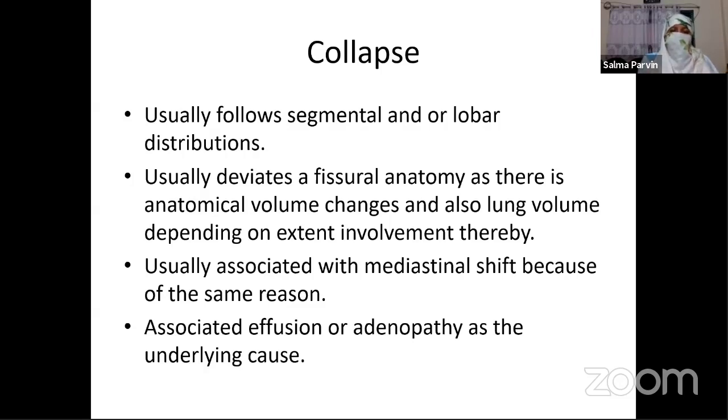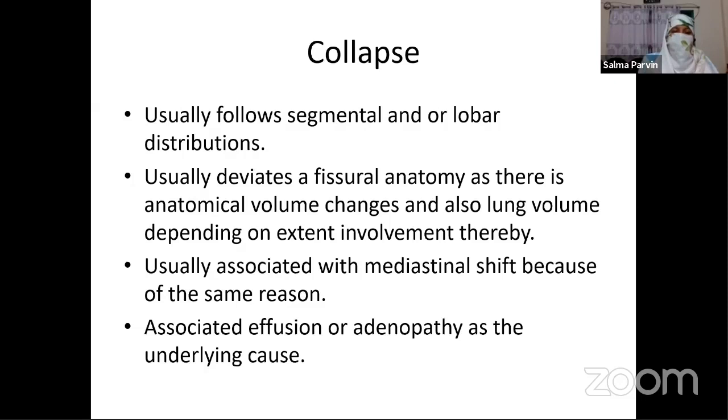So you will have a clean-cut distribution of a segment, a lobe, or a total lung in cases of collapse. It has a definite anatomical distribution, not as in consolidation, which is really non-segmental.